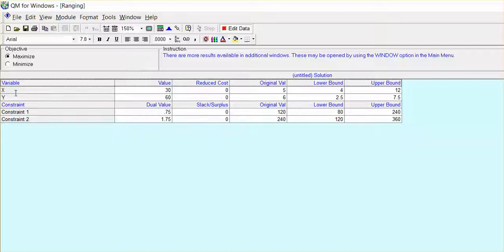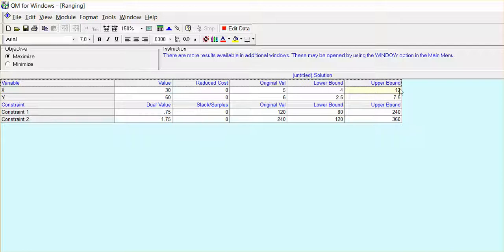Since we're focusing on x, the value would be 30. If it goes to $8, we're within the boundary of 4 and 12. So no, it would not change our optimal output solution of 30, because it is within the boundary. Now, when I'm talking about between, we do not include 4 and we do not include 12.